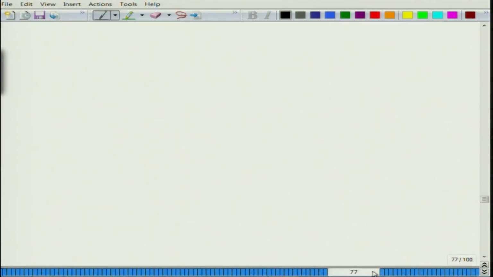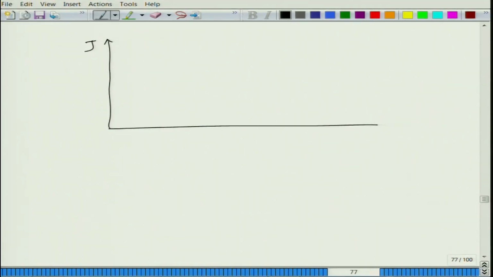Now, think of the p-n junction diode like this. Let us say on this axis we are plotting J, and J is for the minority carrier current. So, we will see that right now.